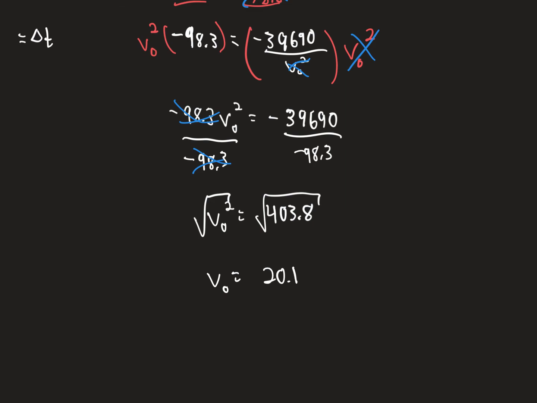What are the units on that? Meters per second. How do I know that? Because it's a velocity. So there we go. That is the most involved problem you would get on the exam.